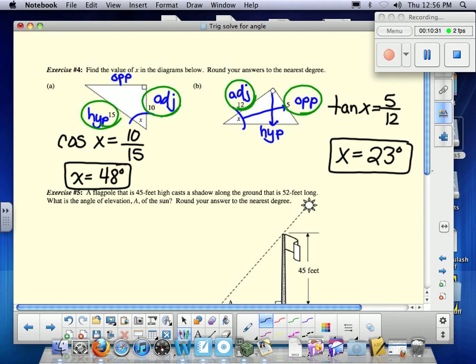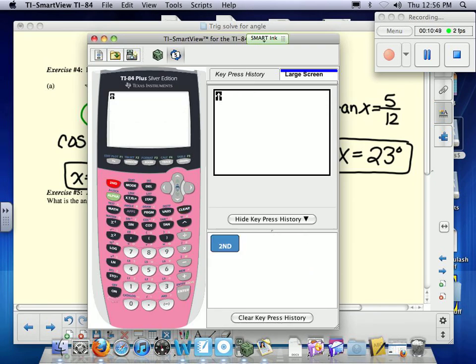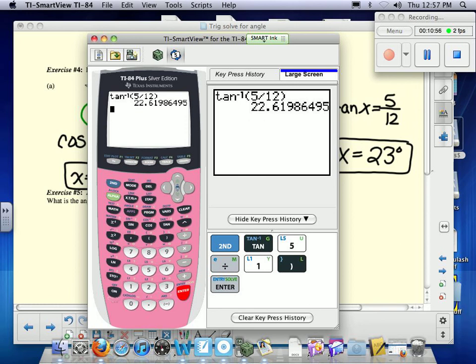Yep. When I type tan into the calculator, do I put that x in it or no? No. When you're going to your calculator for this, you need second tan and then 5 divided by 12 to find the angle.